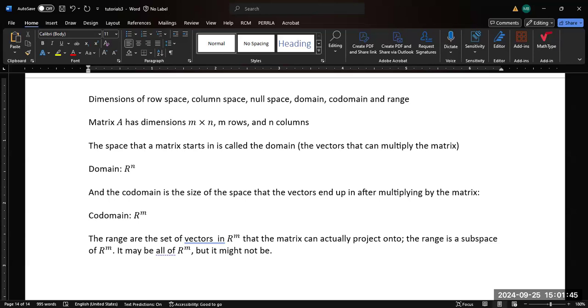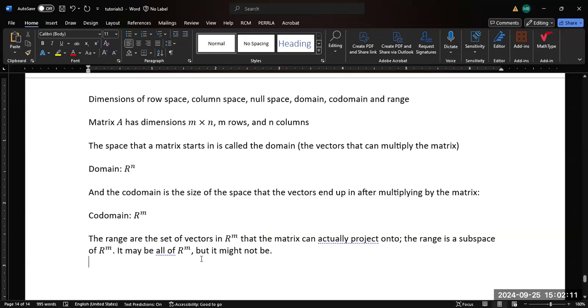So the codomain is going to be determined strictly by the size of the vectors that you create when you multiply a vector by the matrix. Whatever size vector you get out, that's the codomain that you're in. But if you can't get to every vector in the codomain, then the range is going to be a subspace of Rm.